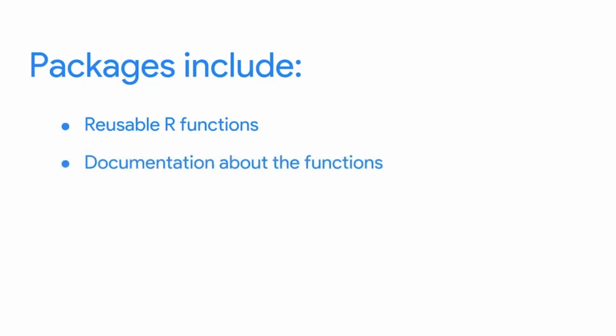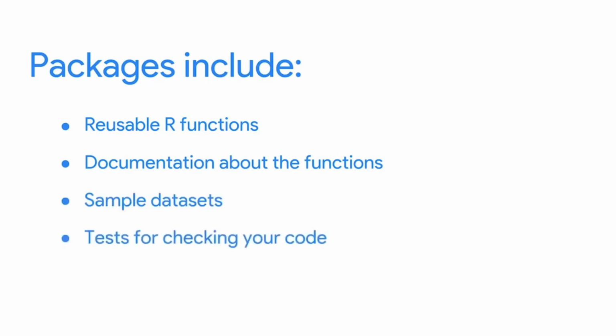Packages in R include reusable R functions and documentation about the functions, including how to use them. They also contain sample datasets and tests for checking your code to make sure it does what you want it to do. By default, R includes a set of packages called Base R that are available to use in RStudio when you start your first programming session.